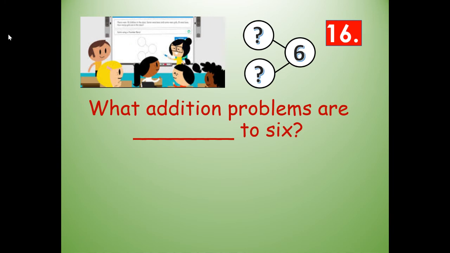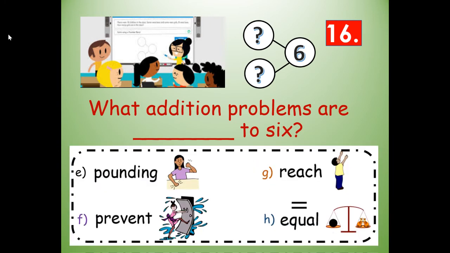Last one. What addition problems are blank to 6? What addition problems are pounding to 6? Prevent to 6? Reach to 6? Or what addition problems are equal to 6?